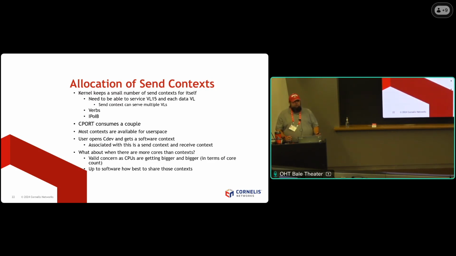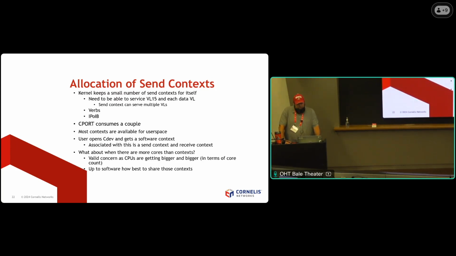So context is a very overloaded term. We have receive context, we have send context, and then we have user context, which is the representation of a user process. One of the issues is, what do we do about these CPUs that have a gigantic number of cores?